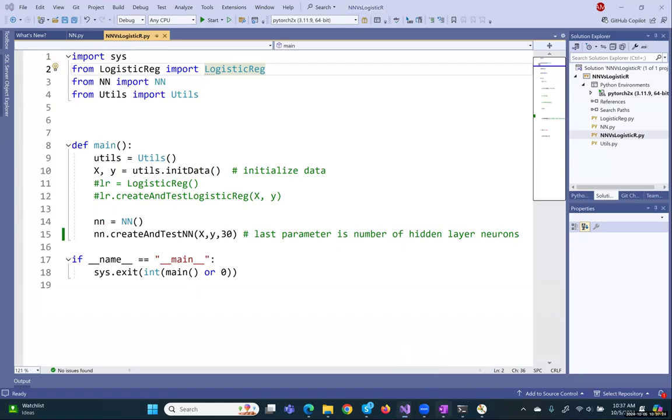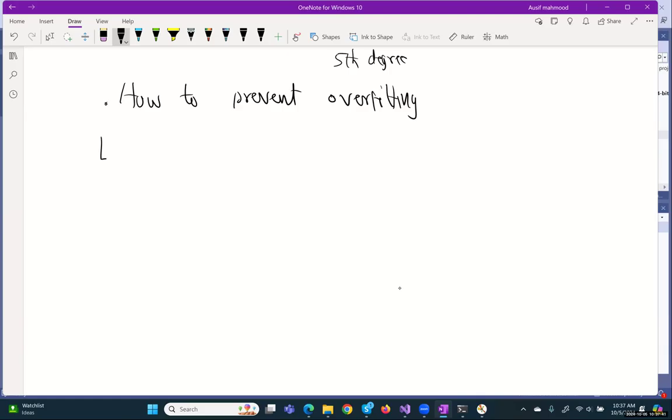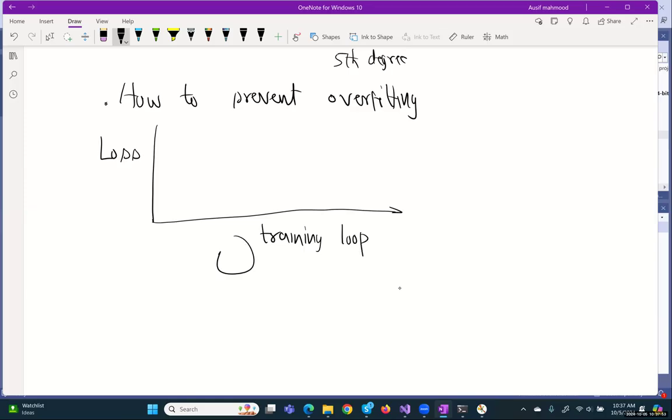So as we go along, the question is how to prevent overfitting. Okay, if we plot the loss as a function of the training, remember the training loop? Okay, the training loop, let's say will go 10 times, 20 times, right? And somewhere here is, let's say, 1,000 times, right?